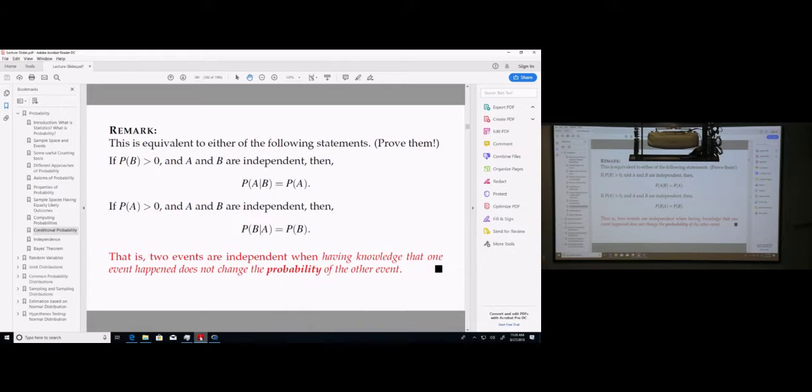But in science discovery, we actually do not want independence. Suppose you want to investigate a certain situation, and if the other condition is independent of whatever you are investigating, then the condition is irrelevant to your study, and so you are not going to have any discovery.